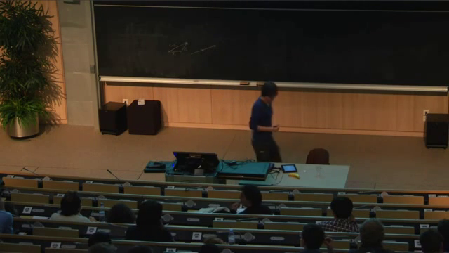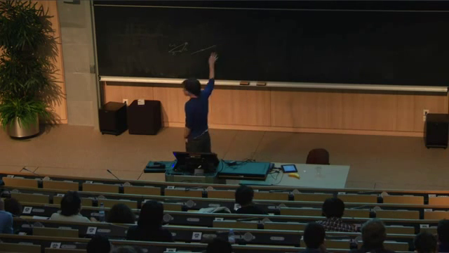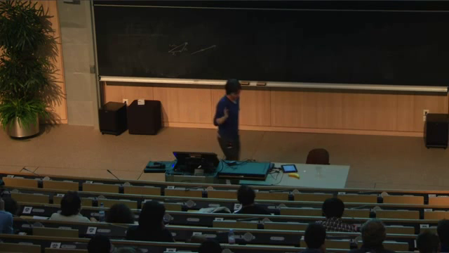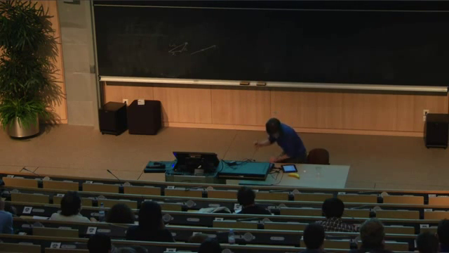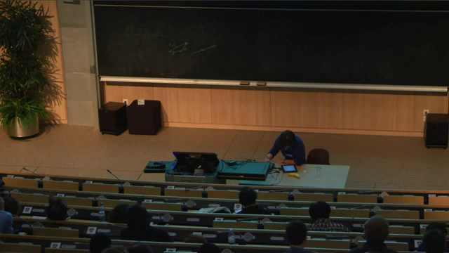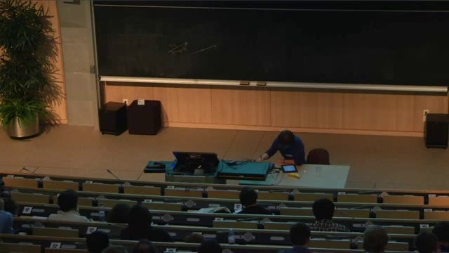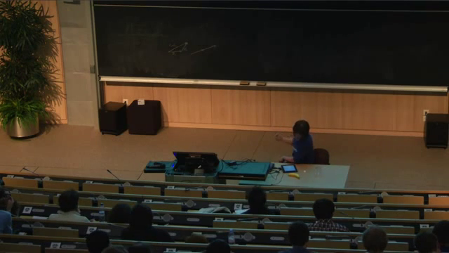OK. So far, I haven't done anything. I've just drawn you a picture. The picture doesn't tell you alone what the wall crossing is. But now you do the following thing. You consider any closed loop you like in this kind of joint parameter space.